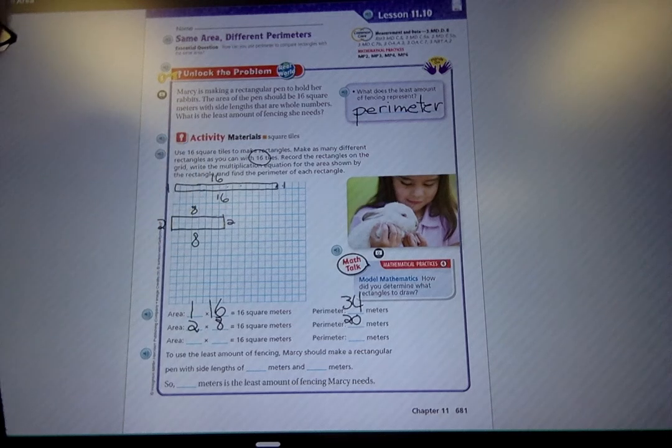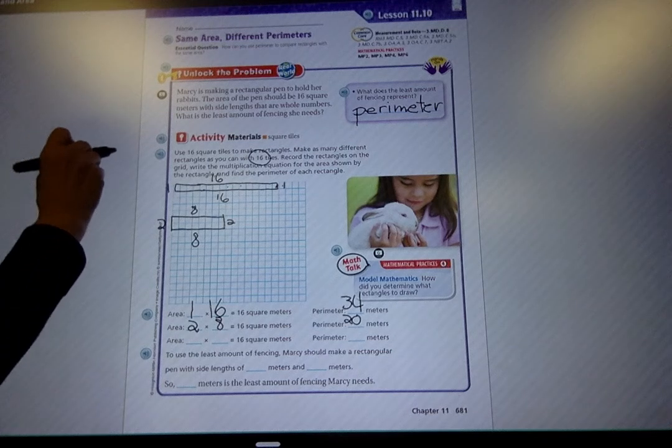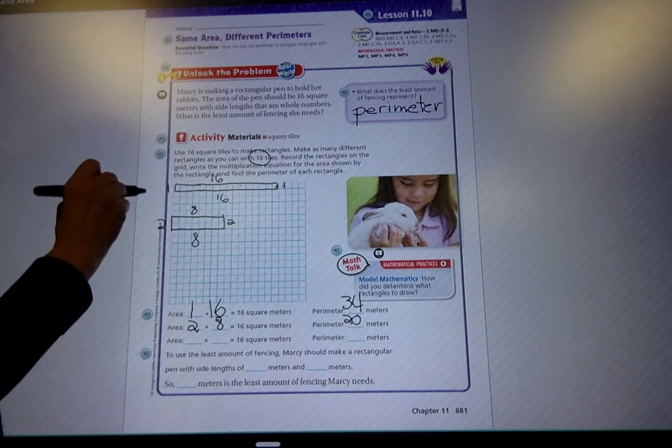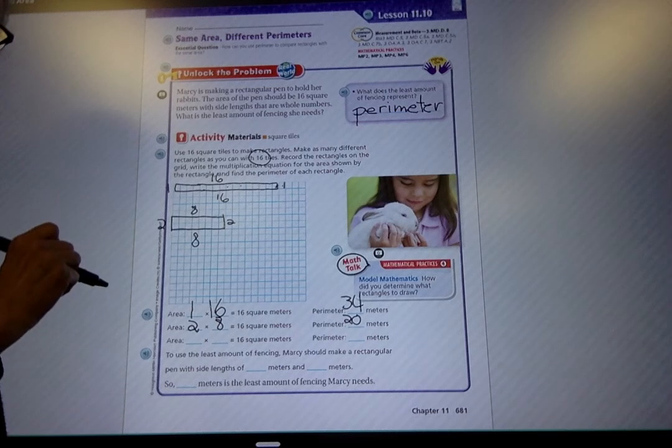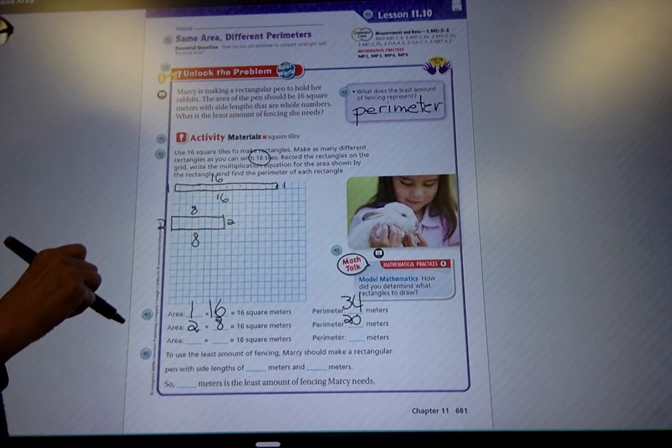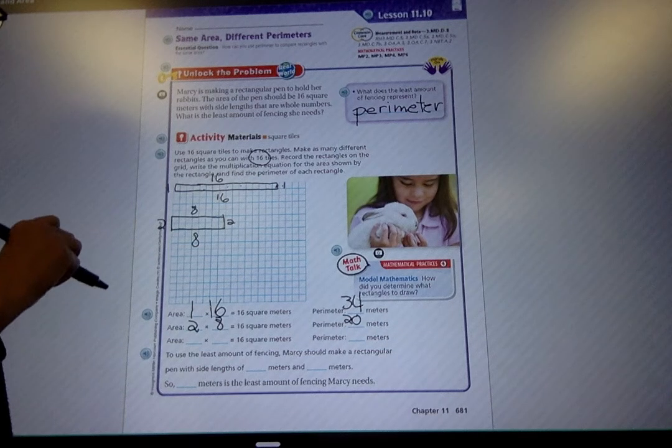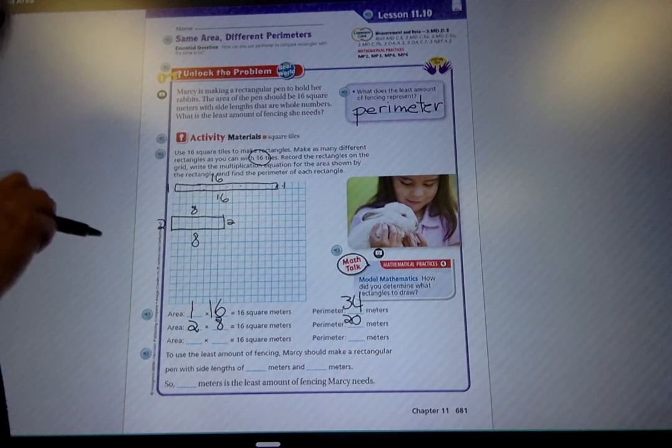What other two numbers can we multiply to get 16? Let's see, we did 1 times 16, 2 times 8, 3 times 5 is 15, 3 times 6 is 18, so that won't work. How about 4? 4 times 4.